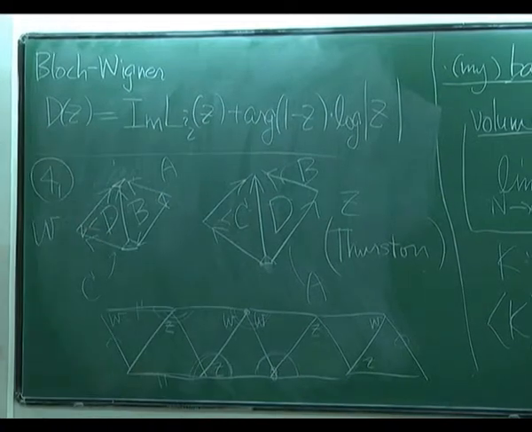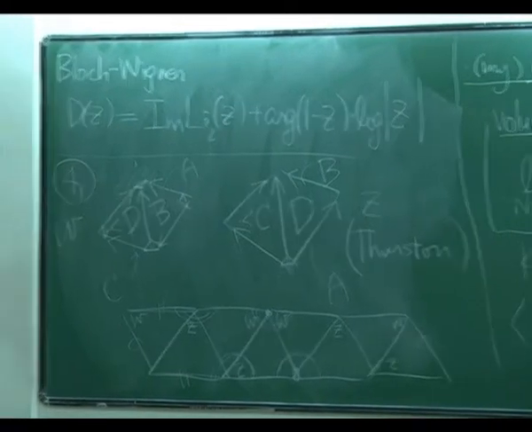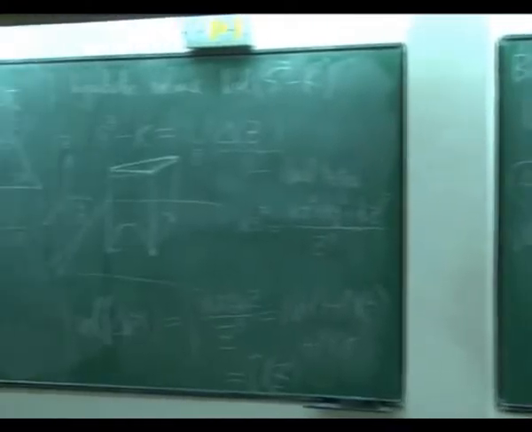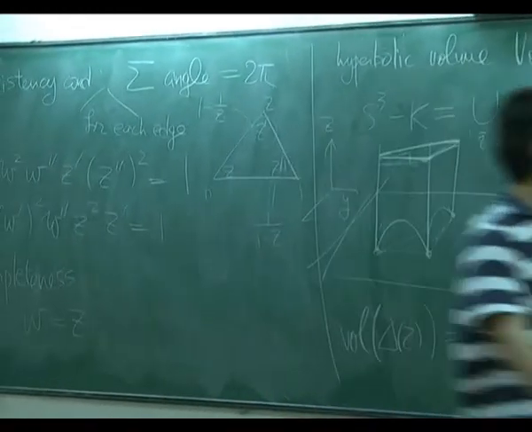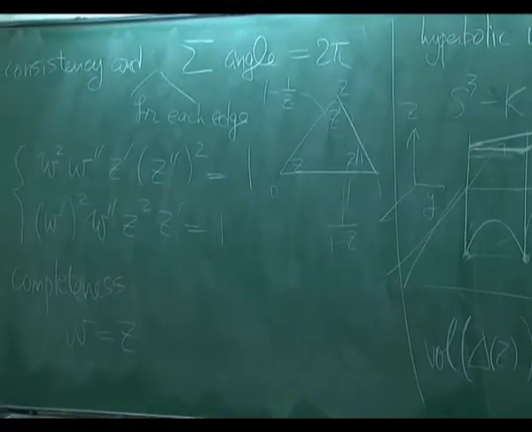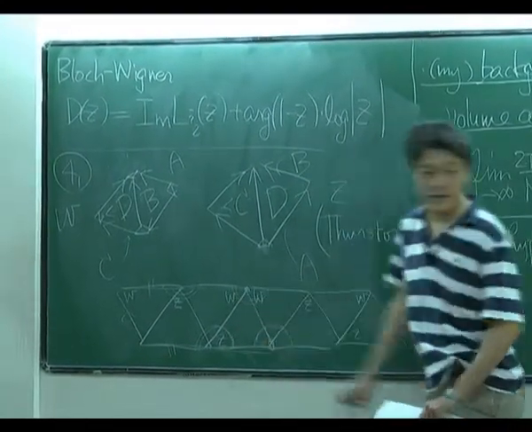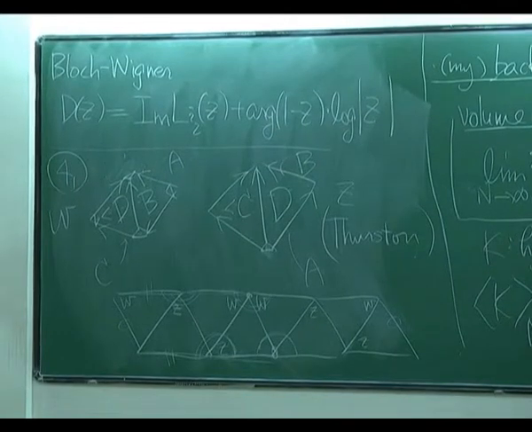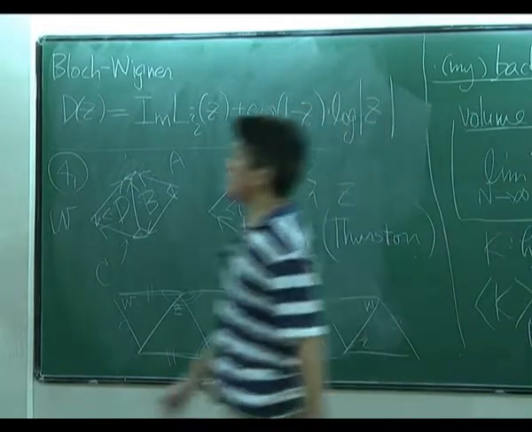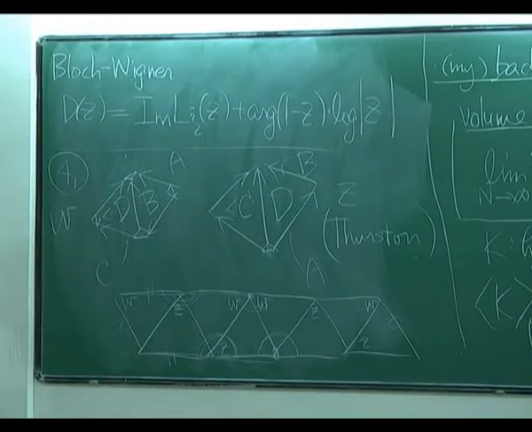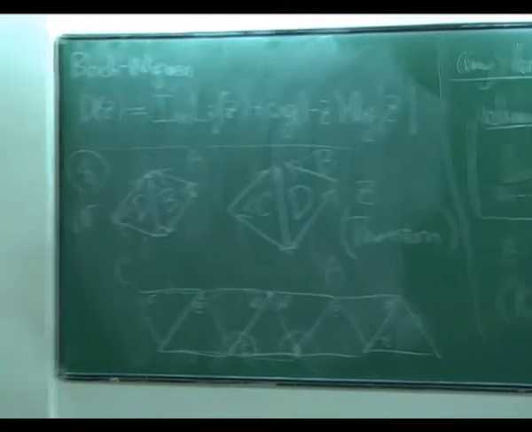So from these conditions, we obtain W equal to Z, because this edge is parallel to this one. So from these equations, we can fix W and Z.